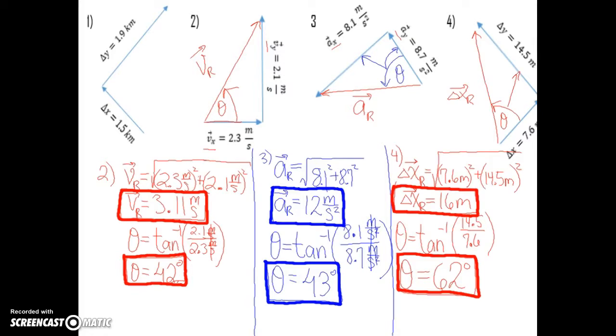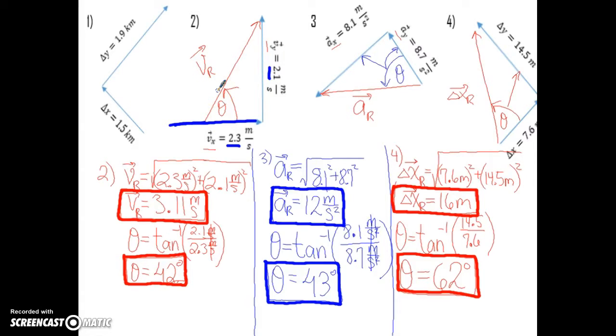So keep in mind, make sure your angles make sense. For instance, this line is 2.3. This is 2.1. So it's obviously not drawn to scale. This line should be longer, which is why you should get an angle smaller than 45. That's a little mistake right there. This line should be longer than this line, and then you'll get an angle smaller than 45 degrees.